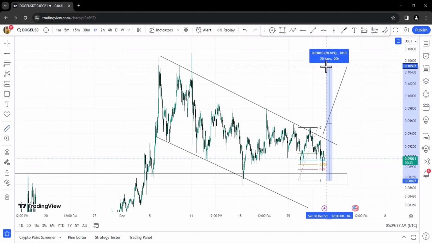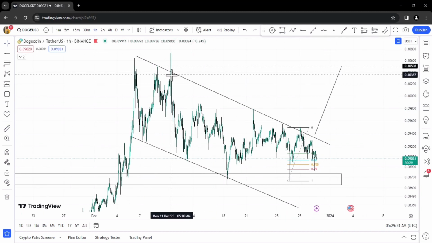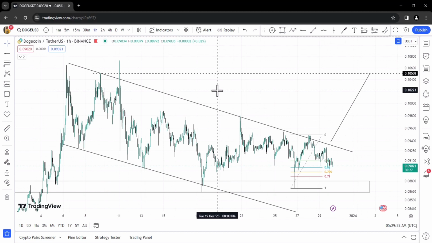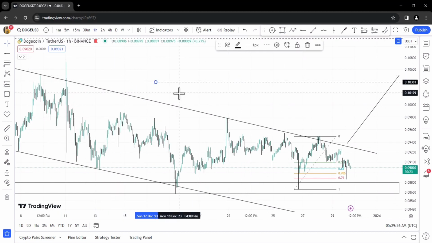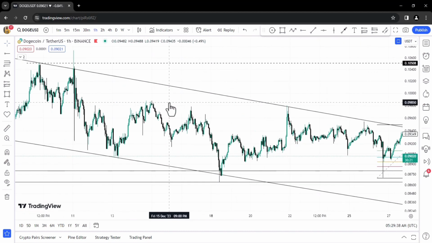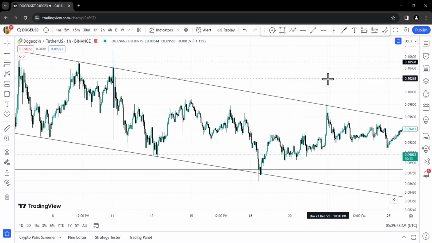about 20%. So how did I get this TP? This is the recent high, created because the market wanted to take out this liquidity. So I just put my first call of target here, because that's what the market will respond to first.